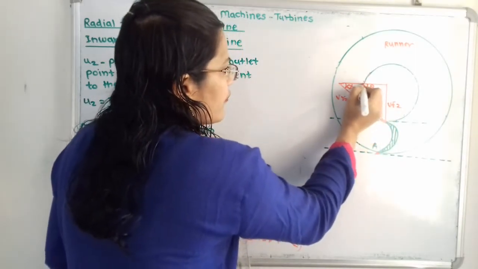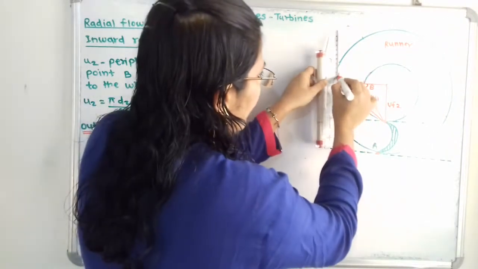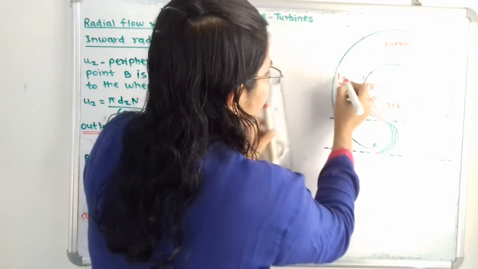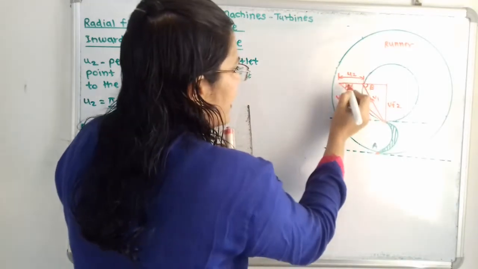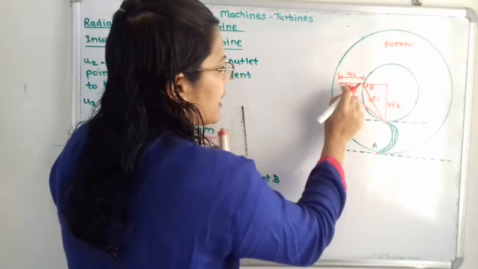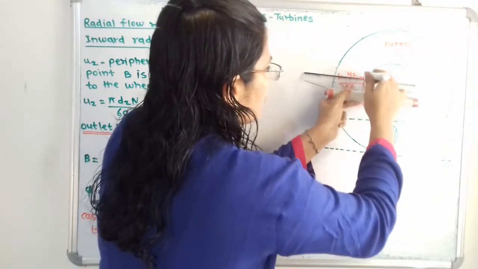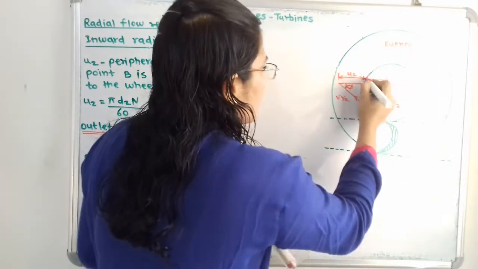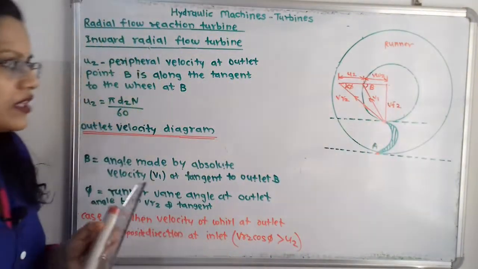Then from the starting point up to this point, here is the value of U2, and this whole length is known as VR2 cos phi. The remaining value we have to show is Vw2, the whirl velocity at outlet.